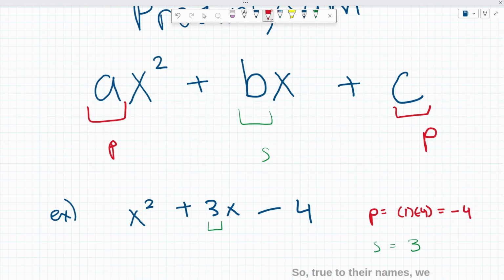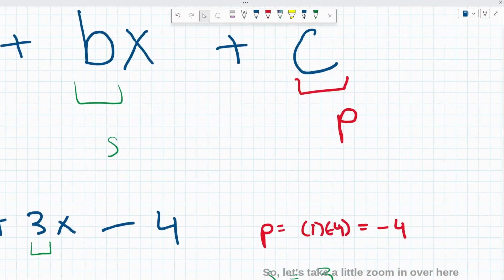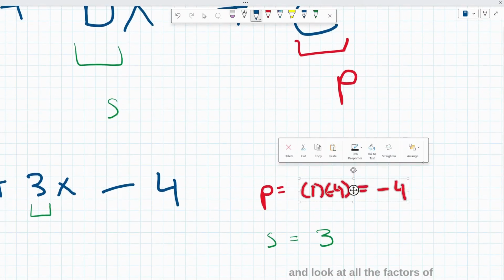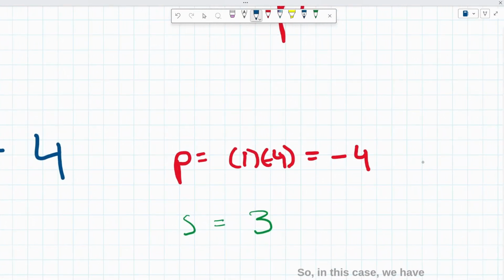So true to their names, we now have to determine what two numbers multiply to -4 and add to 3. So let's zoom in over here and look at all the factors of -4. In this case, we have 1 and -4.